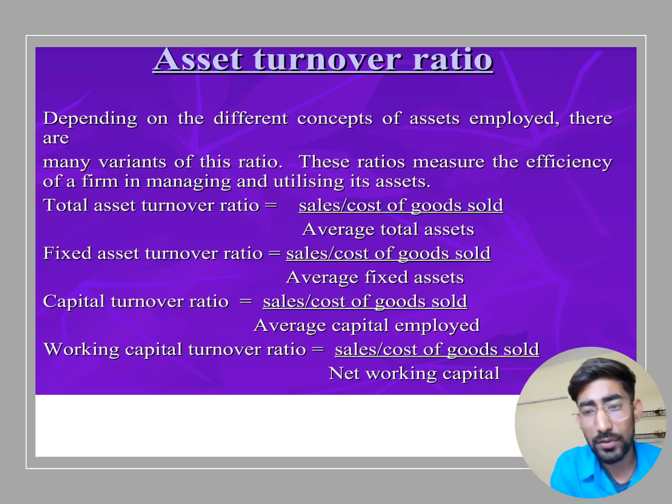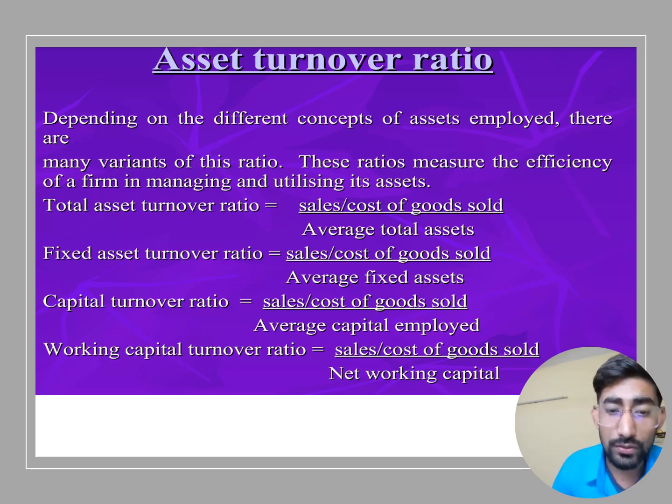In this formula we use sales or cost of goods sold, and in the denominator we use the average capital employed. And the last one is working capital turnover ratio. For this we also use sales or cost of goods sold, and in the denominator we use net working capital.